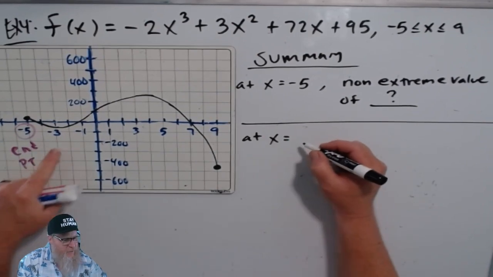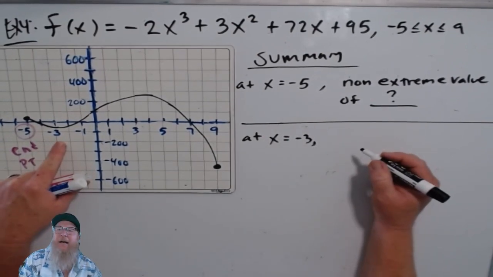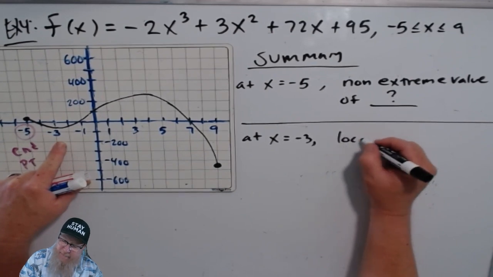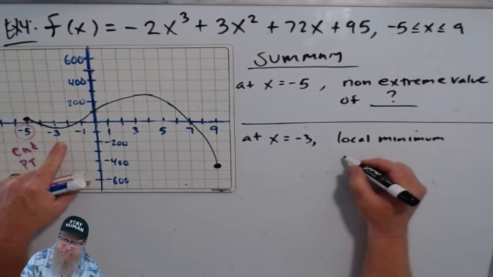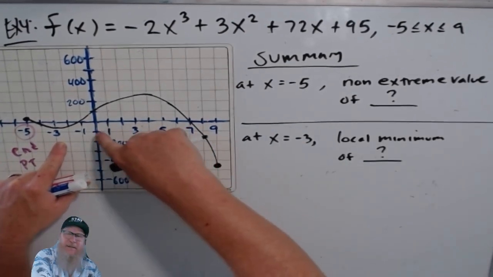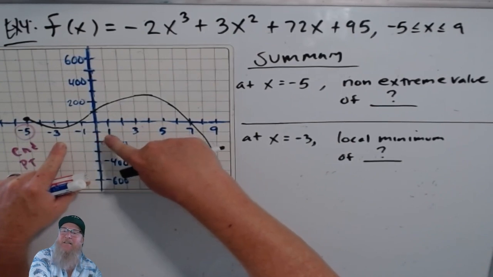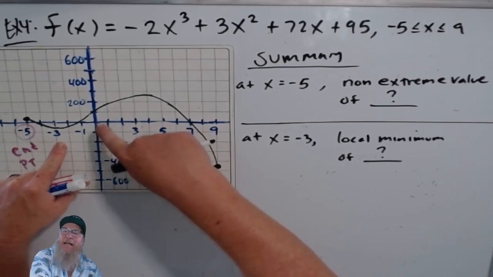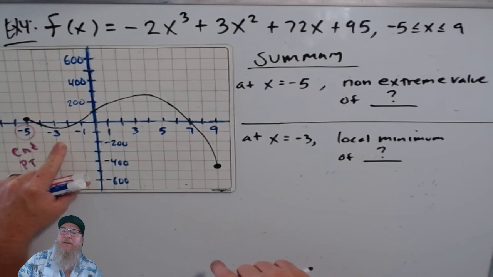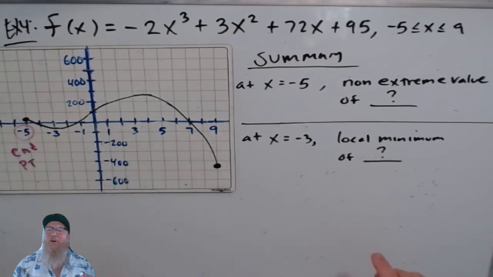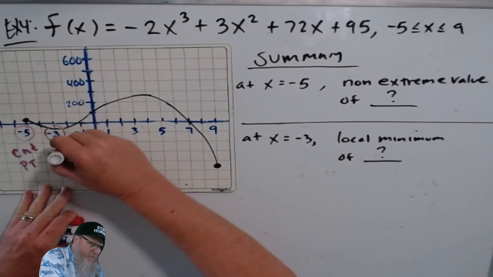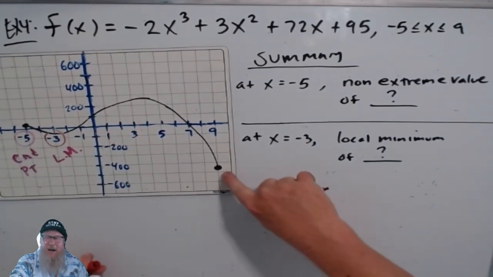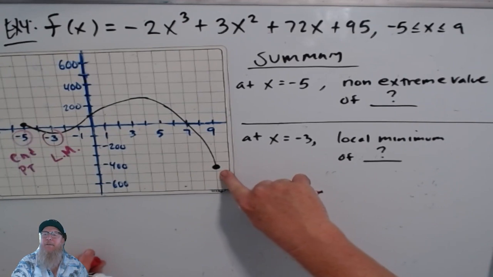At x equals negative 3, that's a local min. And again, I don't know exactly what it is. I know it's negative, somewhere between negative 200 and 0. If I really had a good scale graph, I could zoom in on it and get it down to a particular unit, but I can't do that. So this is a local min. It's clearly not a global min because there's a point that's lower than that.